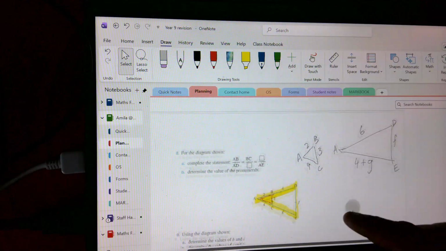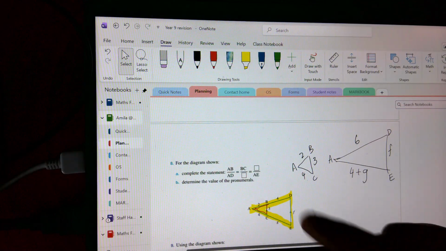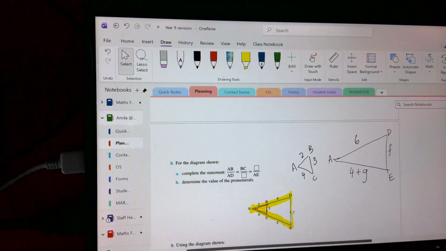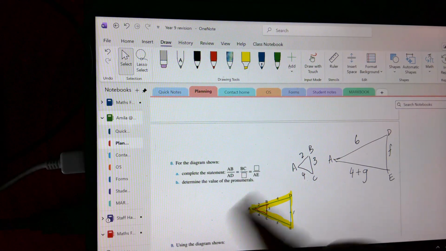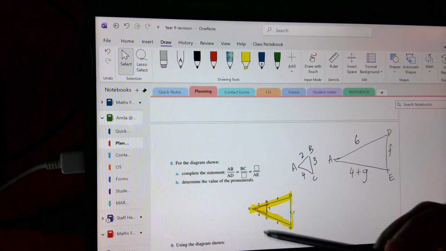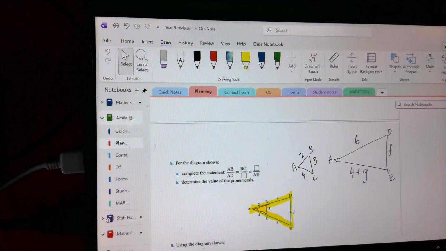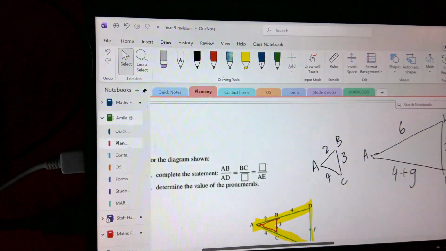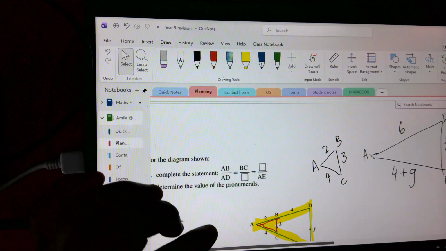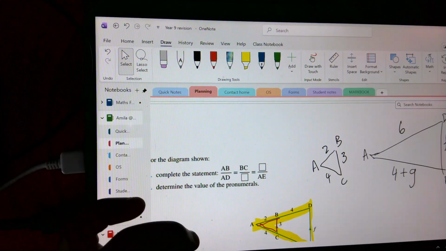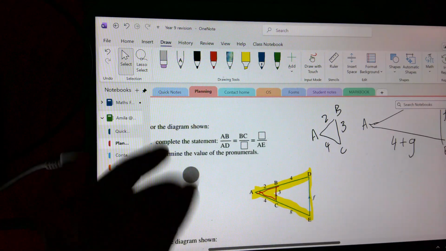So right now the statement isn't given, but the question has given you most of it, so you can use that to complete the statement and then find the pronumerals. So the statement says the ratio of AB over AD is the same as BC over a corresponding side.